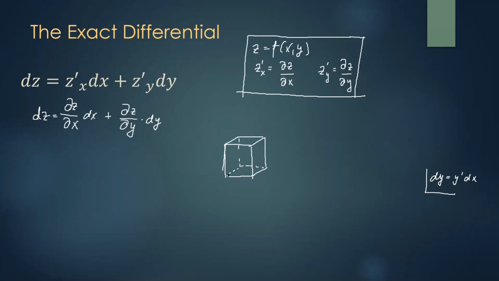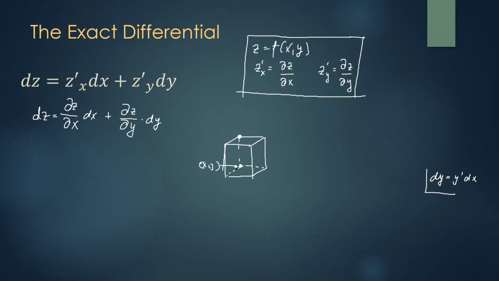I will sketch a parallelepiped. So this is the given point x0, y0, or x, y in the xy plane. So this would be the given point with coordinates x, y in the xy plane. And suppose the function value is there, it's the z value.